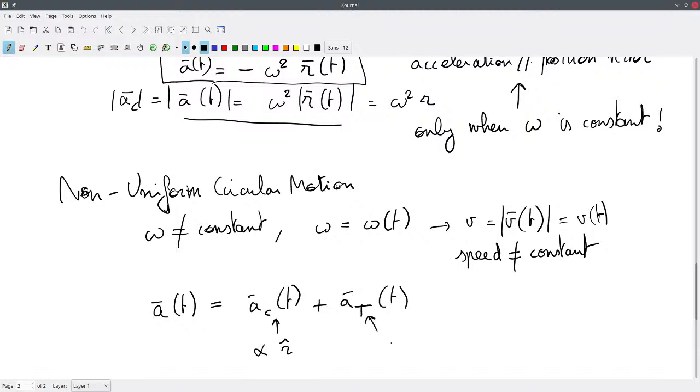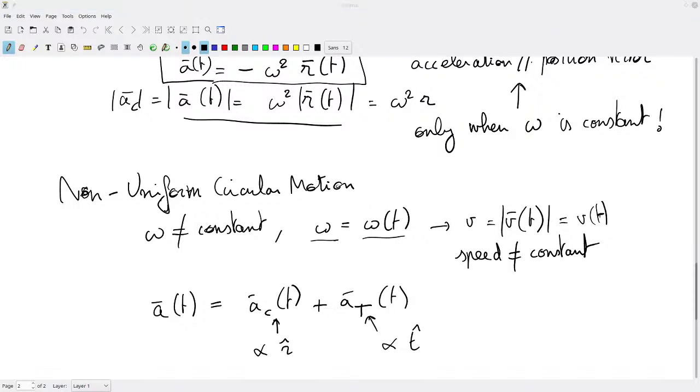This one will be proportional or along the tangential direction. So we'll have a centripetal component towards the center, and we'll have a tangential component that in some sense accelerates and decelerates and changes the velocity such that the speed changes and such that the angular frequency changes. So we're going to have these two components, a radial component and then a tangential component.